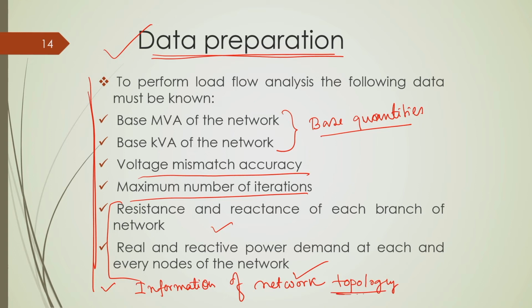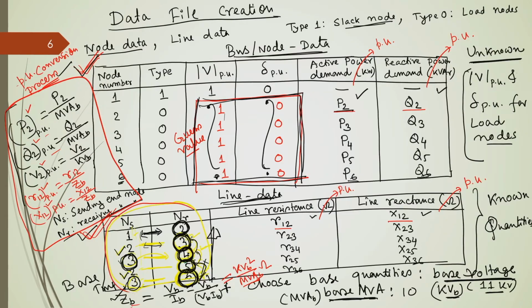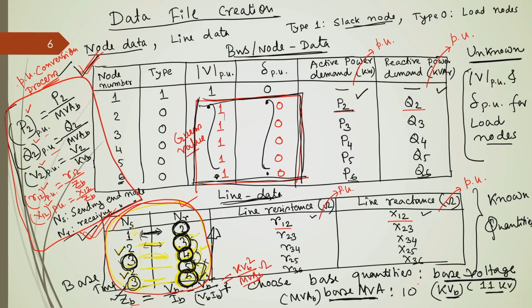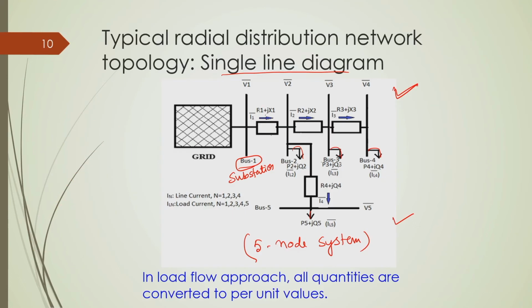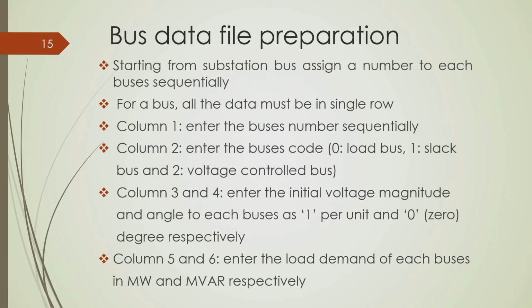Now, how we translate this information I already mentioned while creating the line data file. This is basically translating the network topology, the sending end and receiving end data, and this is very important to compute the line current. So, this is the information we require to create these data files, and after getting all this information, we compute the bus data or node data file. It is done in an almost standardized way.